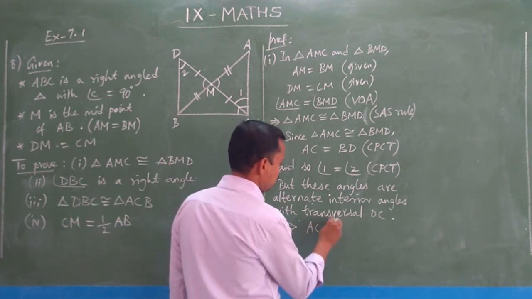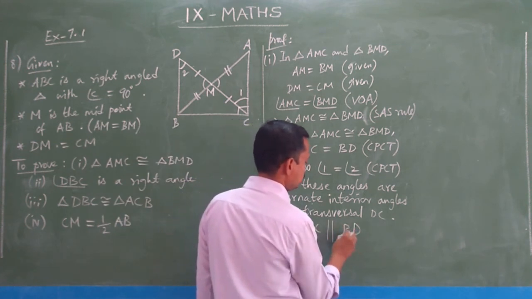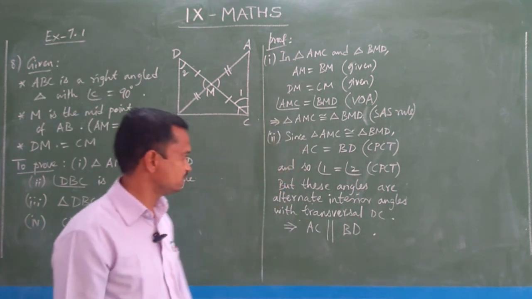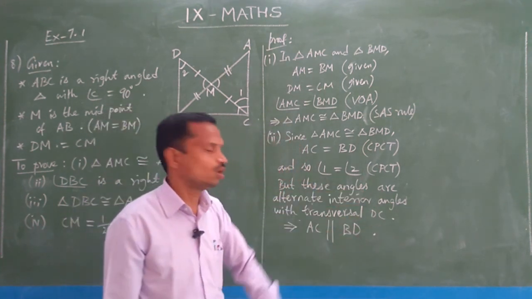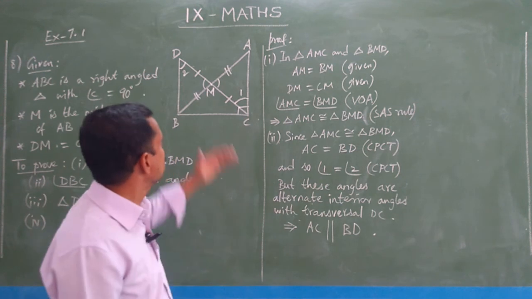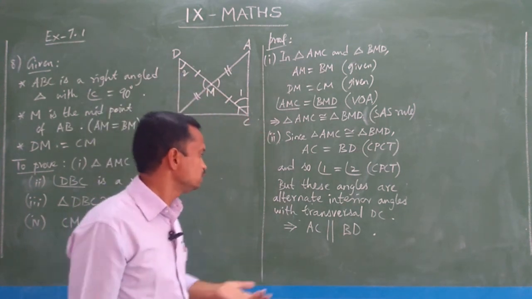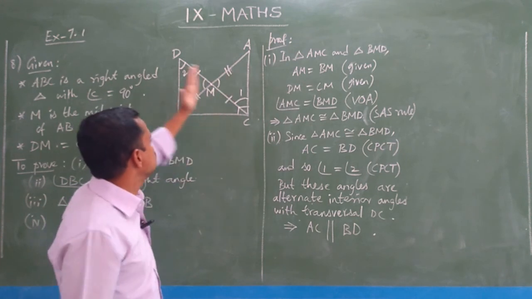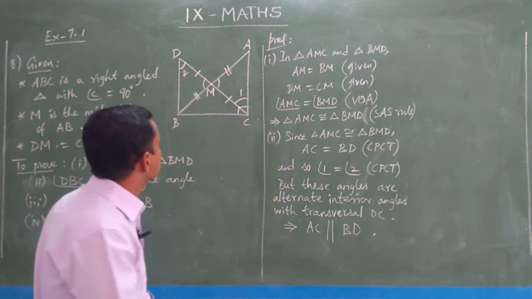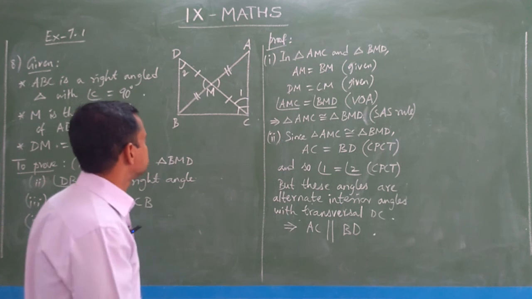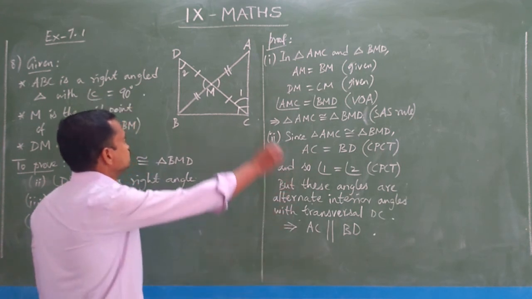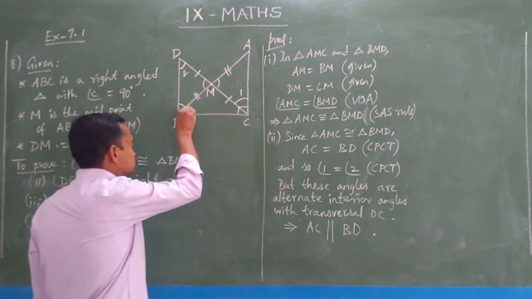AC is parallel to BD. By the lines and angles concept, if these two angles are equal and they are the alternate interior pair of angles with the transversal DC, then we can say AC and BD are parallel.